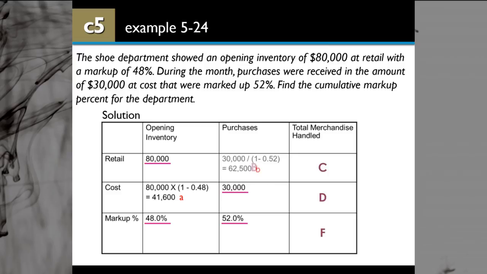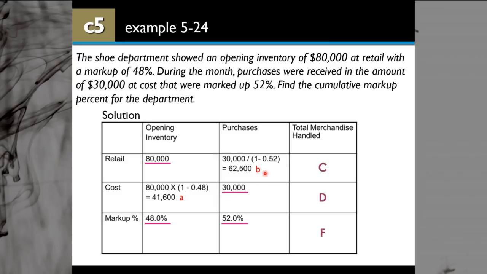So in this case that will be 30,000, which is the cost from below here, divided by 100 minus 52%. So that will be 62,500. So you can say your purchases at retail were $62,500.